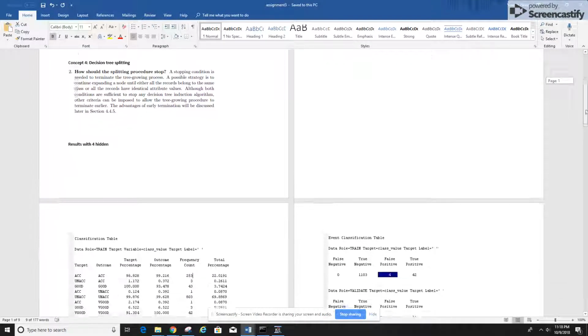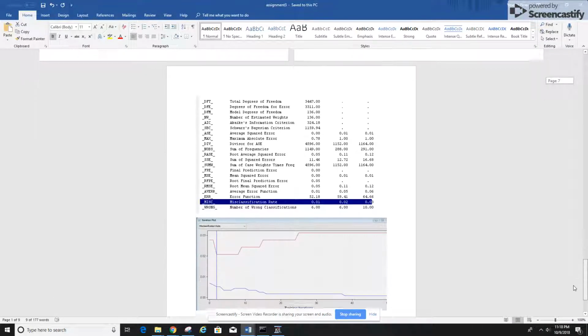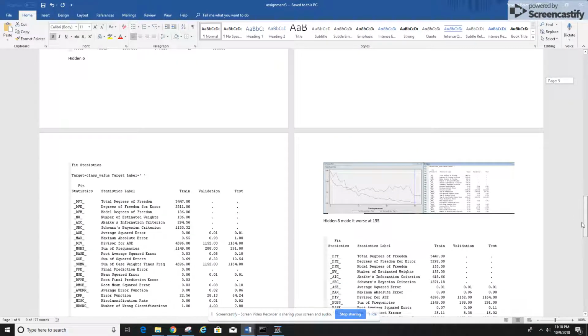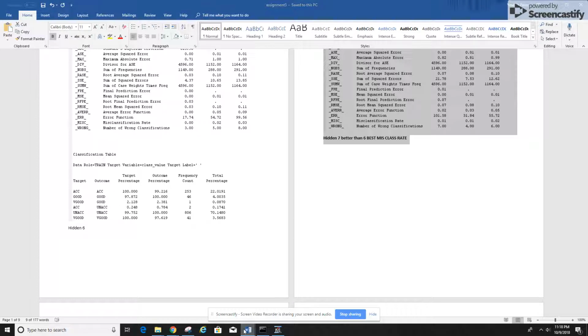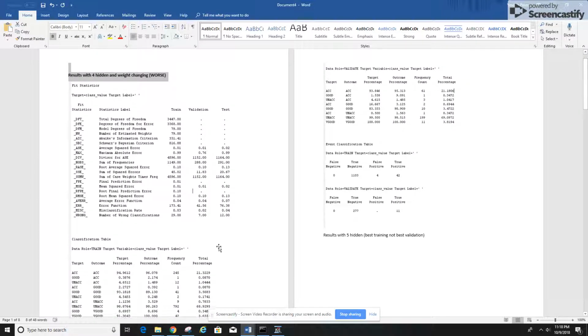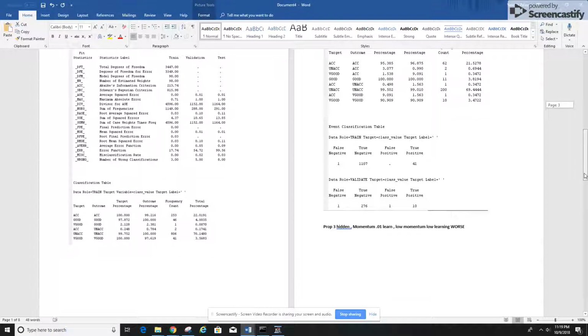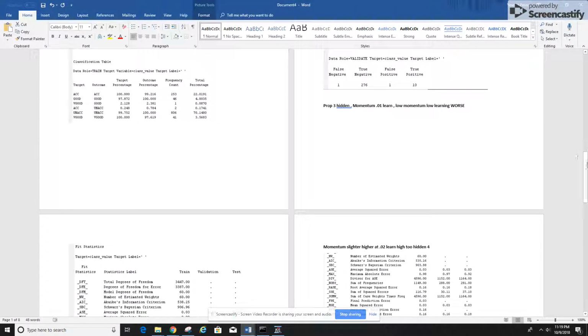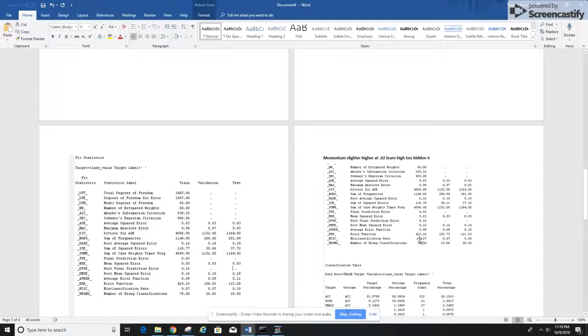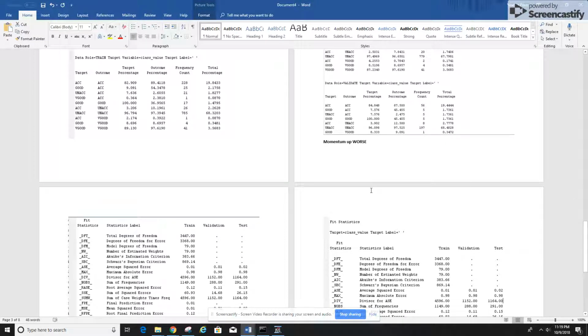What I learned was it made my misclassification rate worse, and the higher I was putting my rate, I started pretty low, the higher I was putting my rate, my misclassification rate was getting worse until I put in my momentum as well.